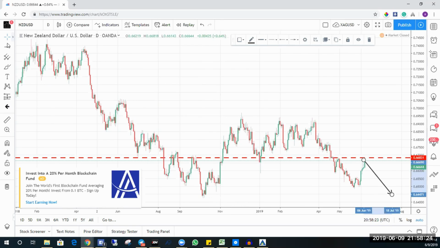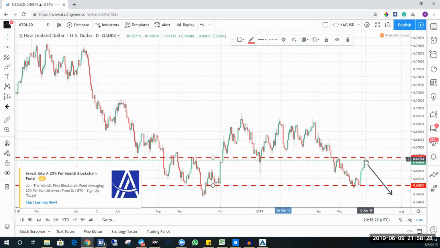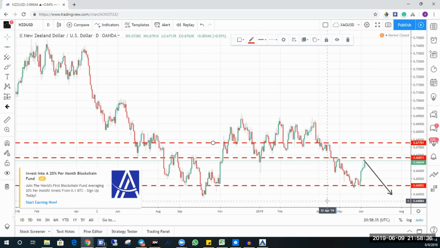And don't forget, we said it's a mixed feeling. So at these levels, we are actually attracted to go short. You can look at stops at previous swings here. So this looks very much attractive.